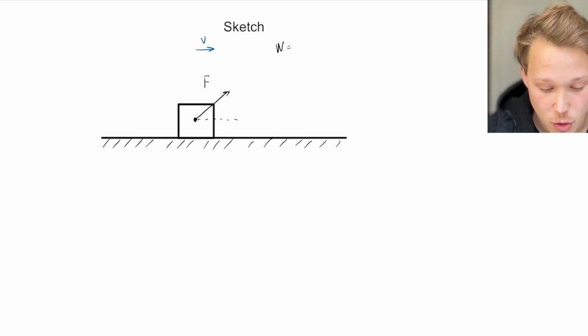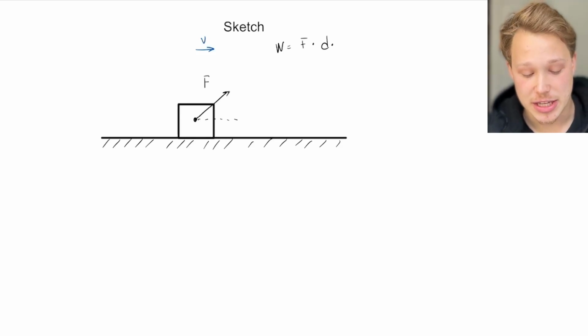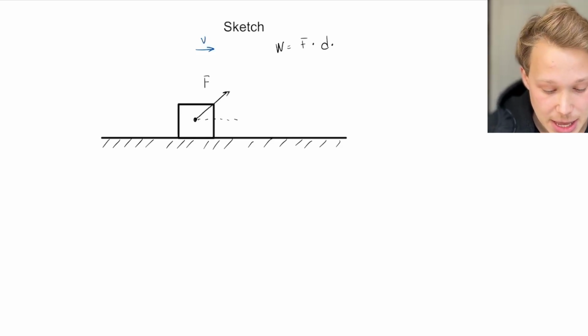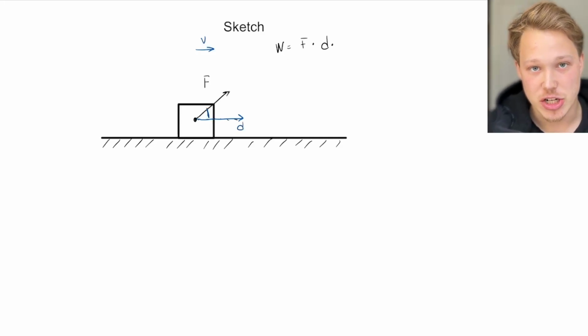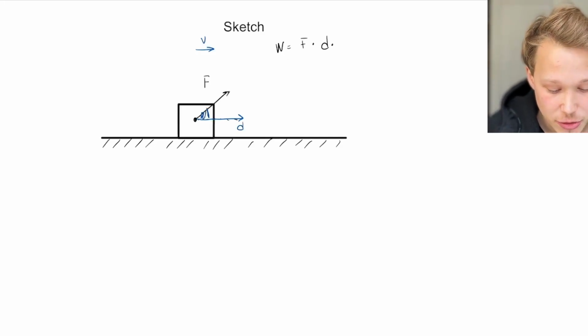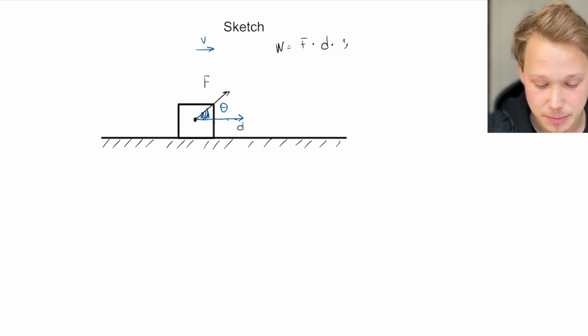Work will be force times whatever displacement this force is carrying it to, times the cosine of the angle between the force and the displacement. If the direction of motion is to the right, this angle theta will be over here between the force and the displacement, I apologize.